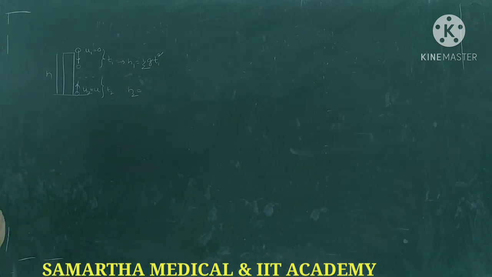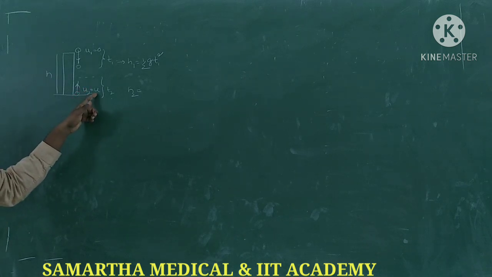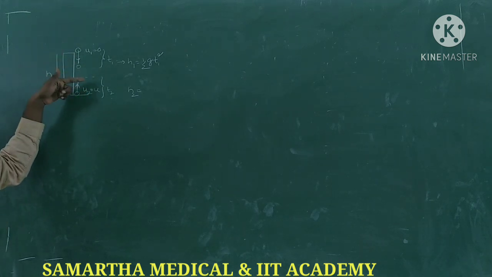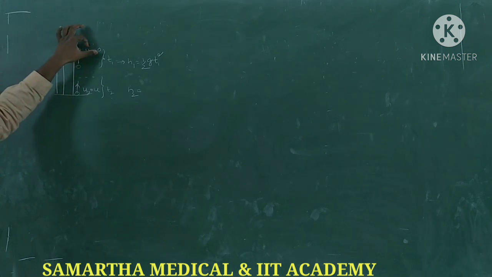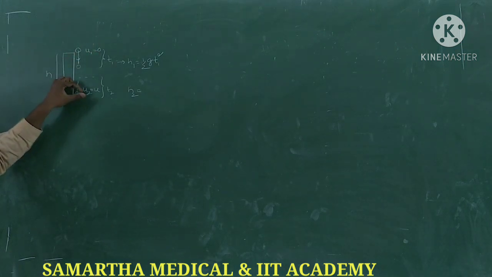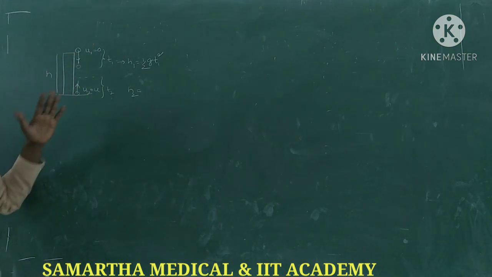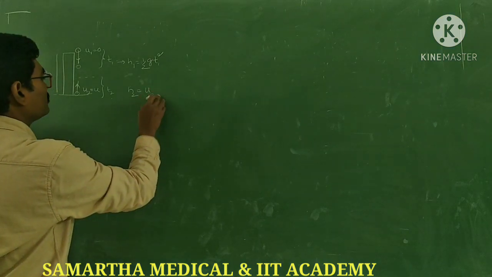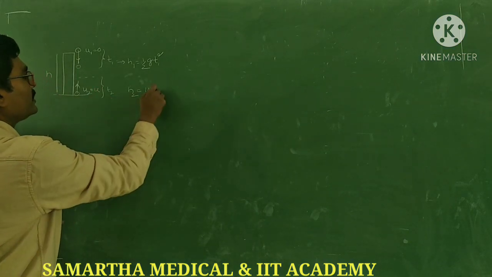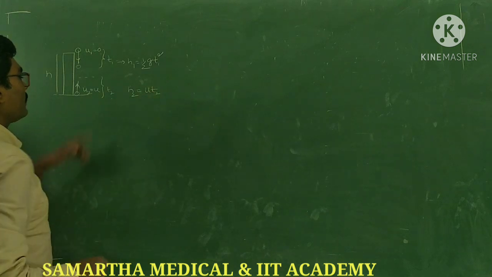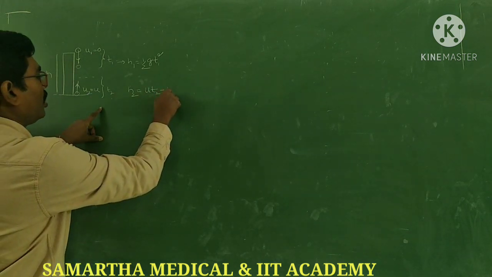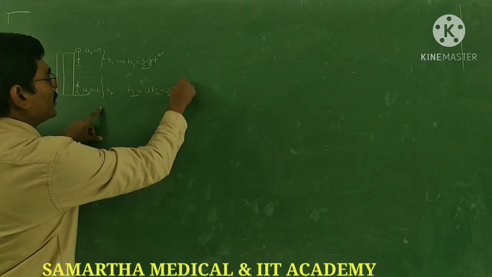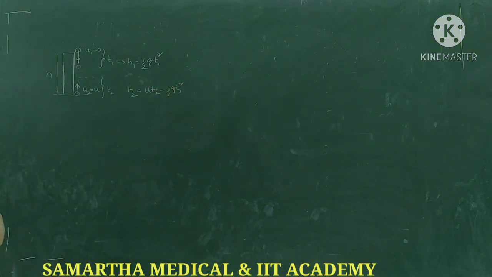Same equation, s equal to ut plus half at square. u is not 0 like in the previous case. The previous case was freely falling, that's why 0. But this is thrown upward, so u is not 0. So I am writing u2: h2 is equal to u t2 minus half g t2 square. Clear or not?